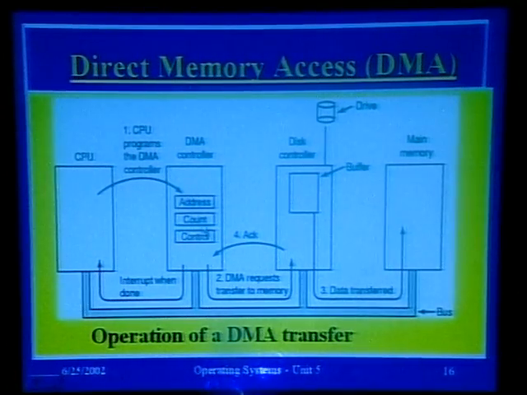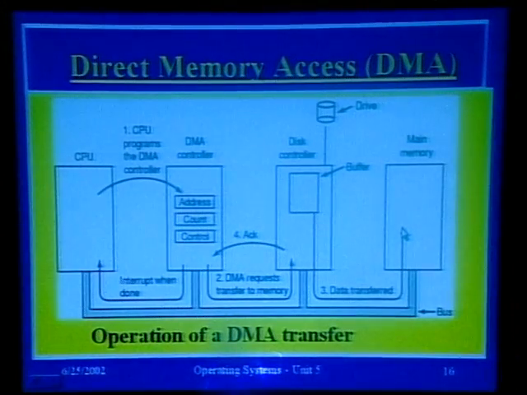And then once the CPU has informed the DMA what it needs and where the information needs to be placed, the DMA requests the transfer to the memory. When the DMA request comes here, the disk controller reads the information from the disk, and then the data is transferred to the address space in the main memory.